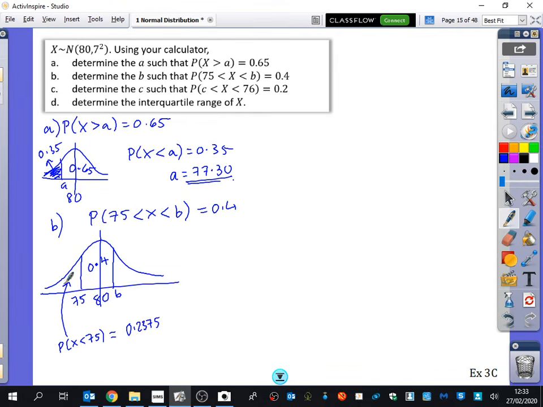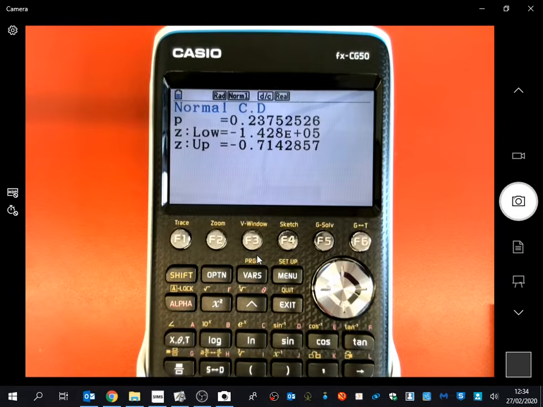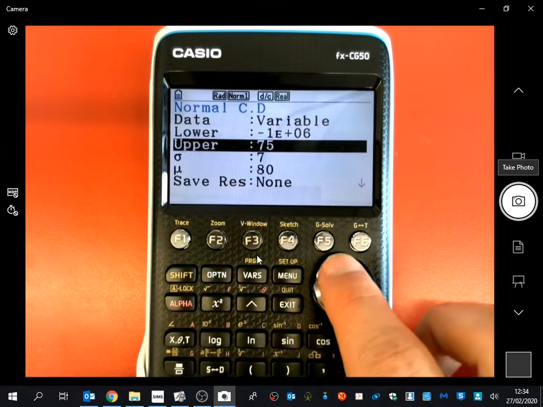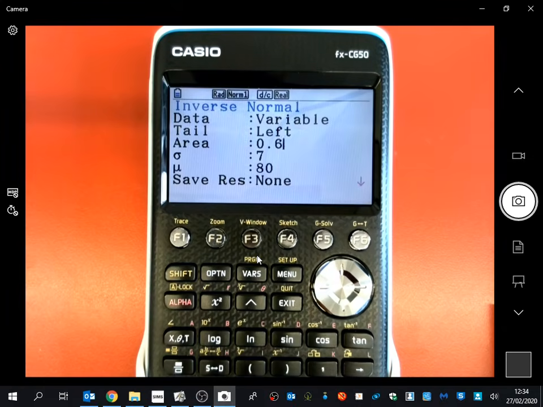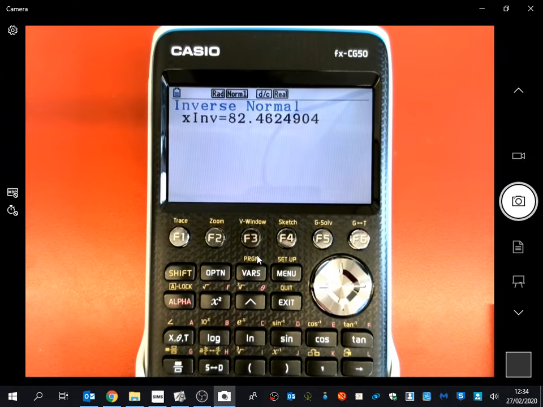So that's 0.2375 and that's 0.4. So the probability that x is less than b is 0.4 plus 0.2375, which is 0.6375. And then you can inverse that and find out what b is. 82.46. Yeah?